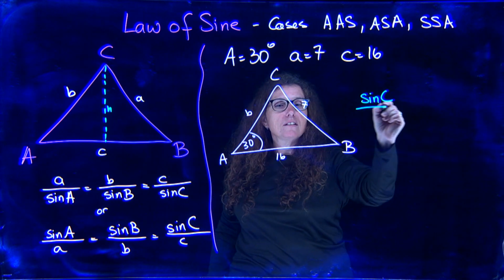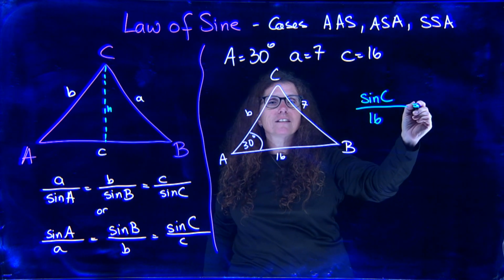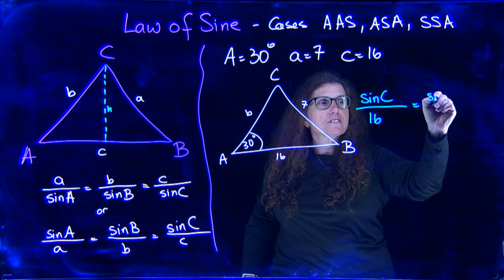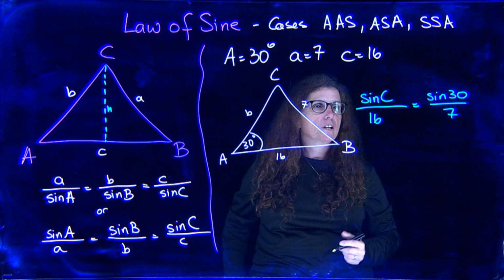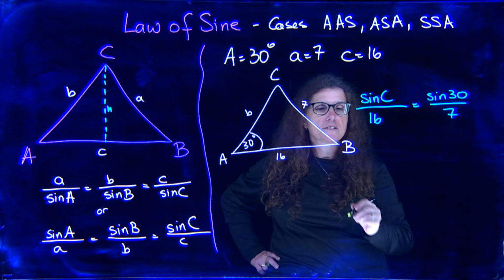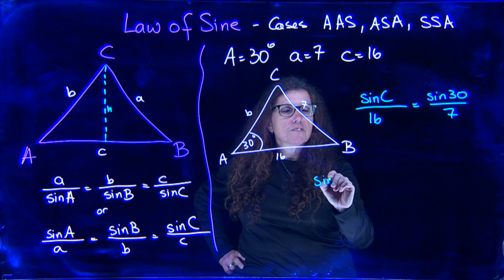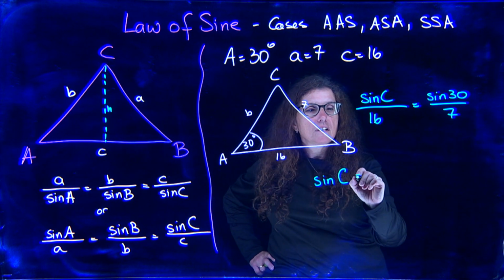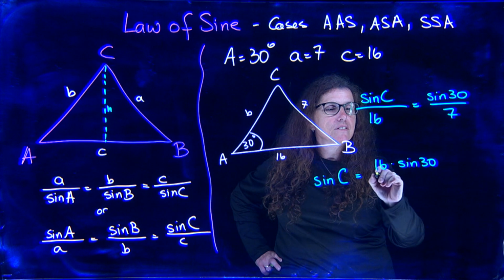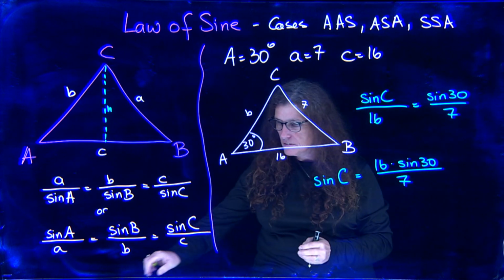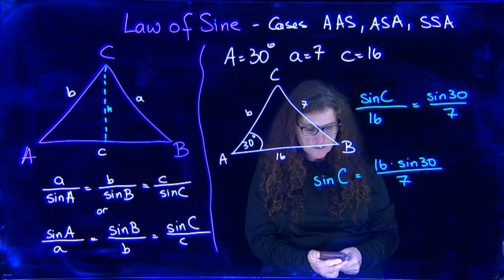Sine C over 16 equals the sine of 30 over 7. Okay, now you multiply everything by 16. So the sine of C equals 16 times the sine of 30, divide that by 7. Okay, use your calculator.